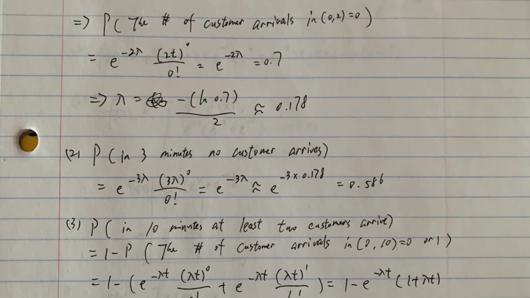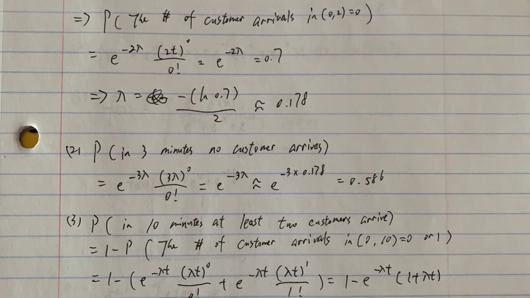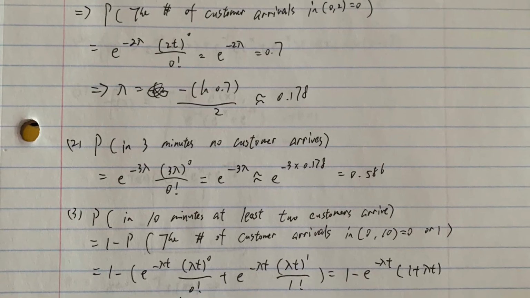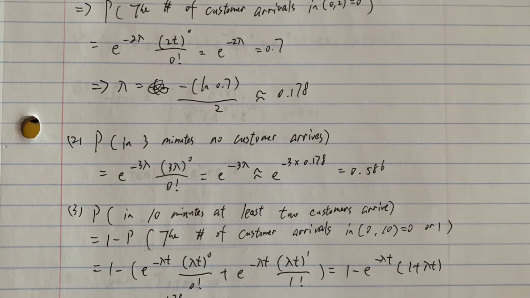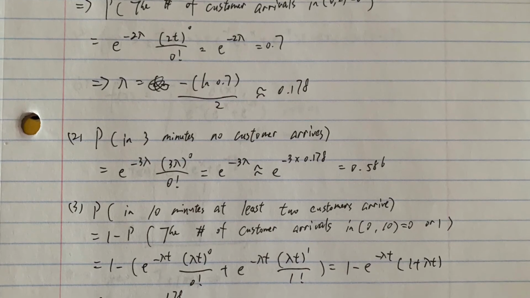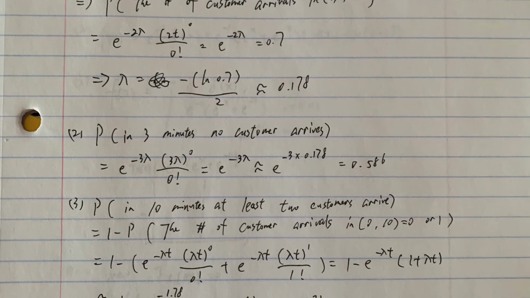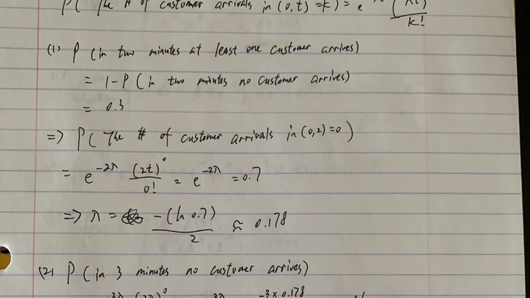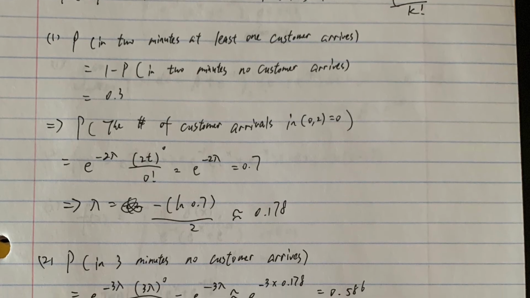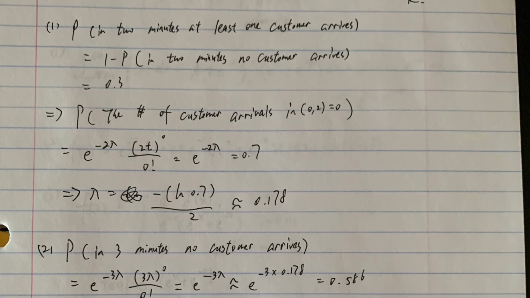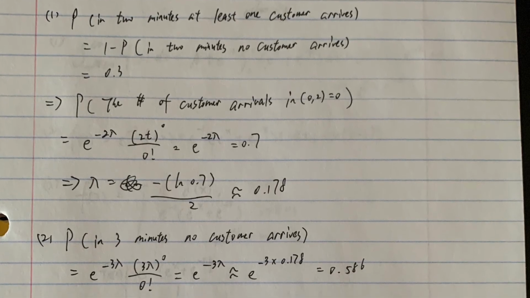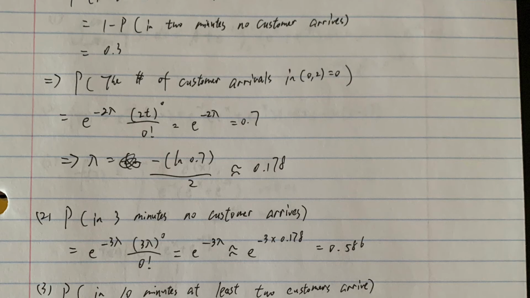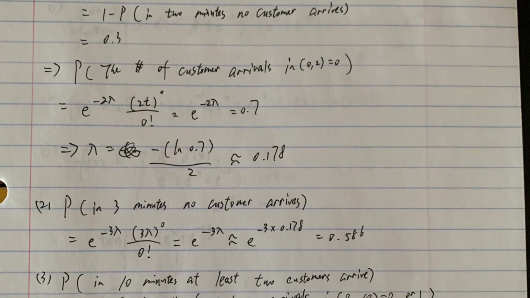So we can write down the probability that in 10 minutes at least 2 customers arrive equals 1 minus the probability that the number of customer arrivals in (0, 10] equals 0 or 1, which equals 1 minus e to the power of minus lambda t times (lambda t) to the power of 0 over 0 factorial, plus e to the power of minus lambda t times lambda t over 1 factorial, which equals 1 minus e to the power of minus lambda t times (1 plus lambda t).